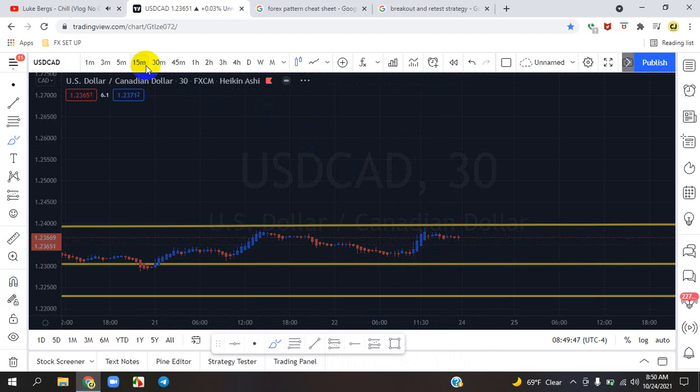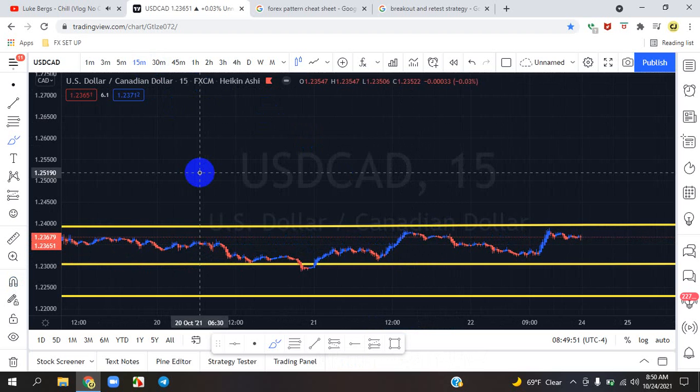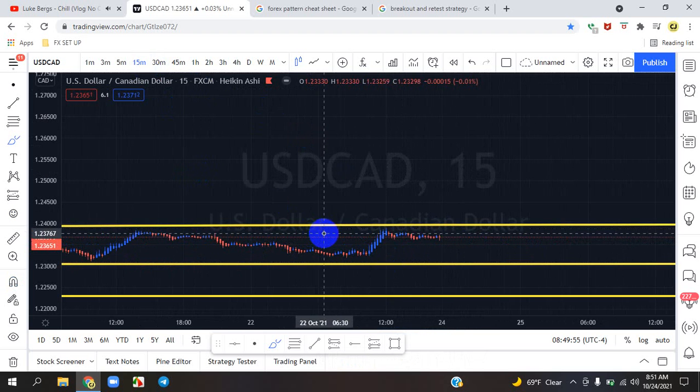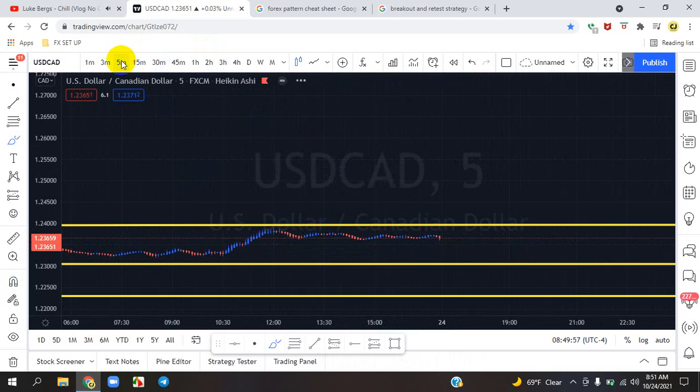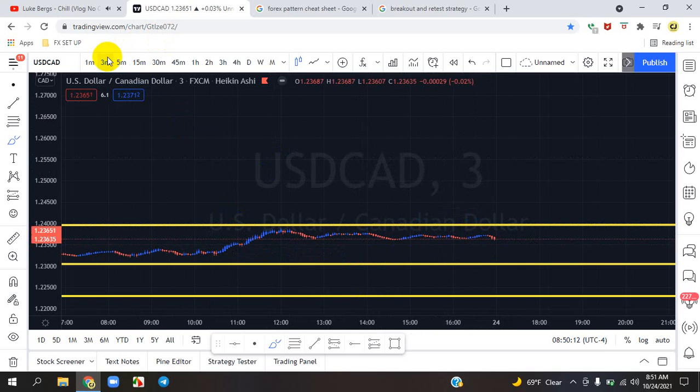Headed down to the 15. The market is in a huge consolidation. It's not breaking anything. The market is just sitting up that high, that consolidation from, I think, maybe the 3-hour time frame. We can see the market pushed up once, twice, 3 times, 4 times, 5 times. Headed down to 3.